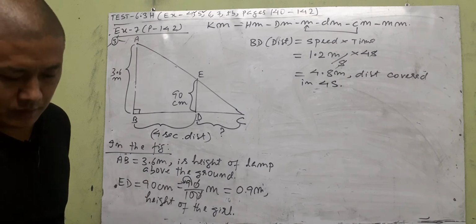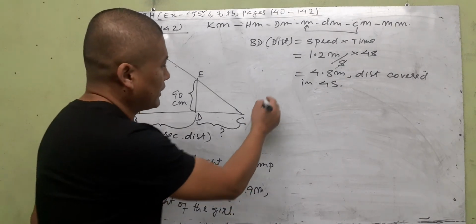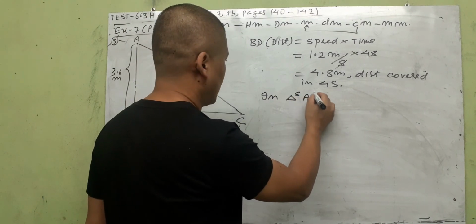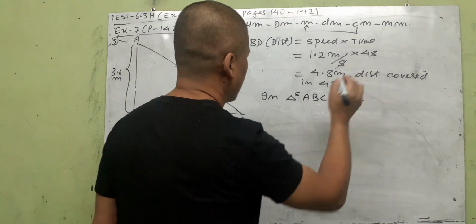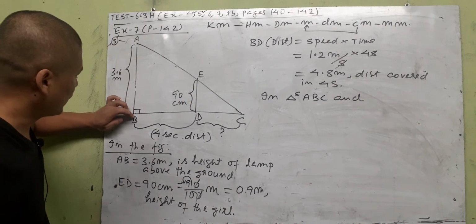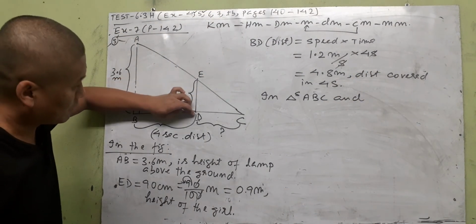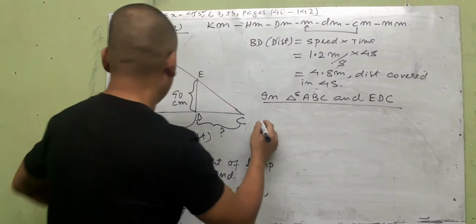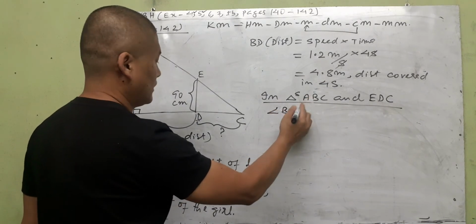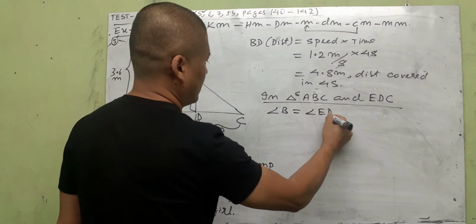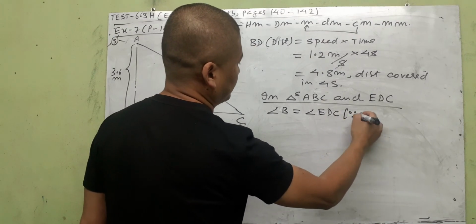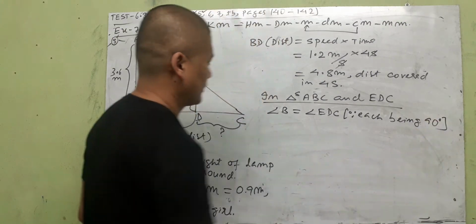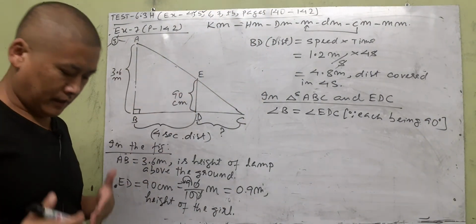So that is given. Now, once we are through with that, we can do like this. Since this is the similar triangles chapter, we have to do a similar triangle, ABC. Then the next triangle also you have to go in the same order. A went down B. Similarly, E will go down D. And then C. In these two triangles, angle B in this triangle is equal to angle EDC, since each is 90 degrees, because lampposts or people always stand 90 degrees to the ground.